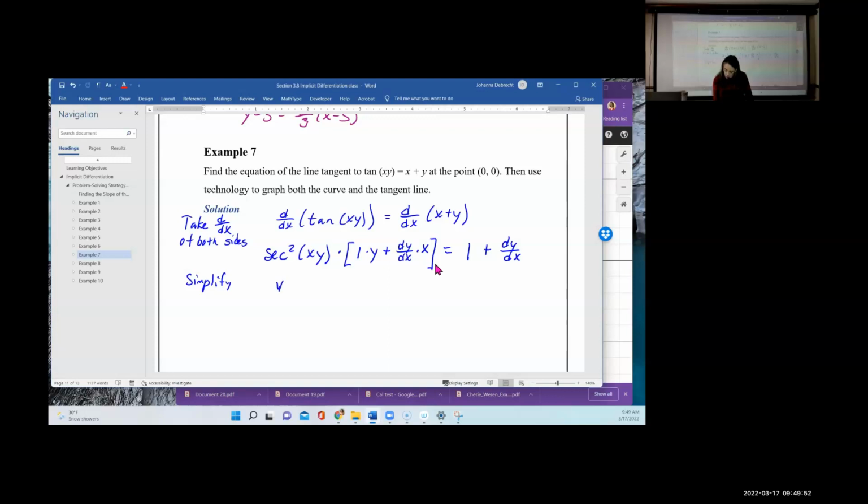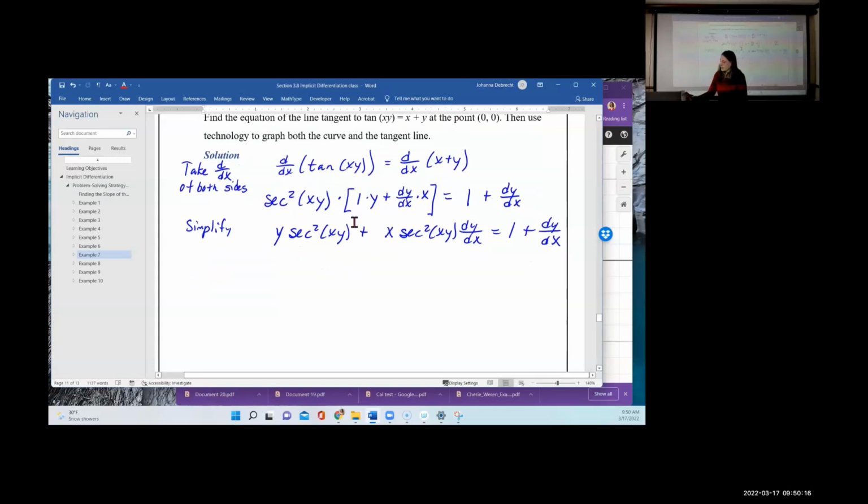And this would give me y secant squared of xy plus x secant squared of xy times dy dx equal to 1 plus dy dx. Isolate your dy dx terms.